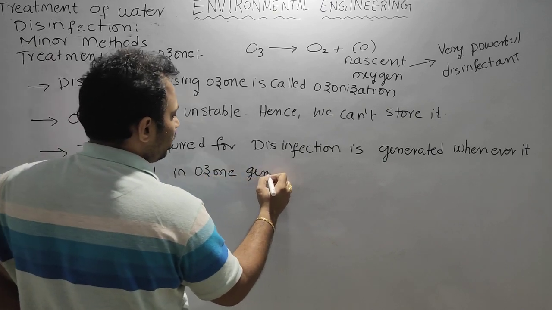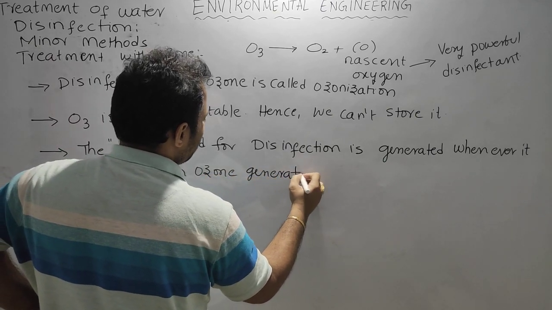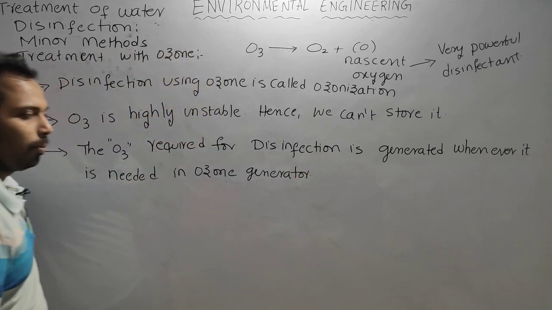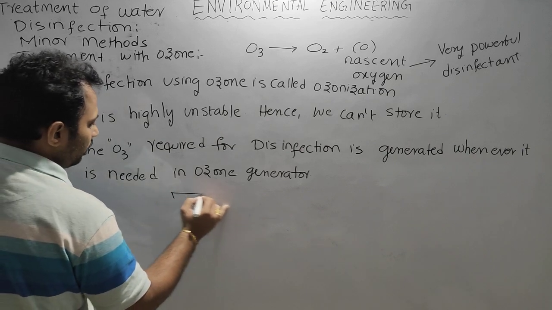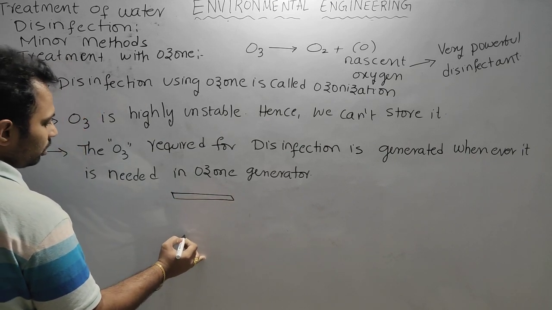There will be ozone generators which generate the ozone upon requirement. How we generate it is by sending O2 and air. In the ozone generator there will be electrical current.